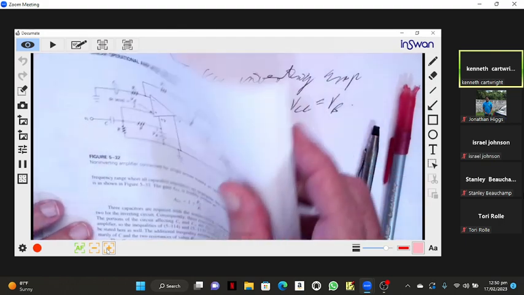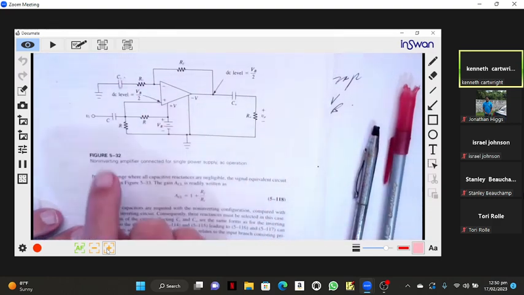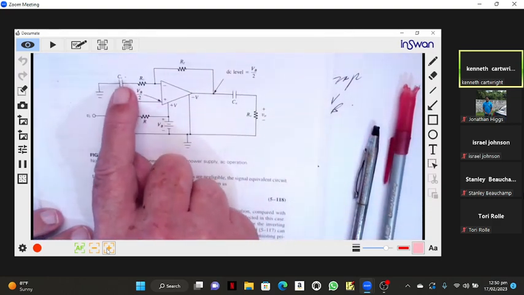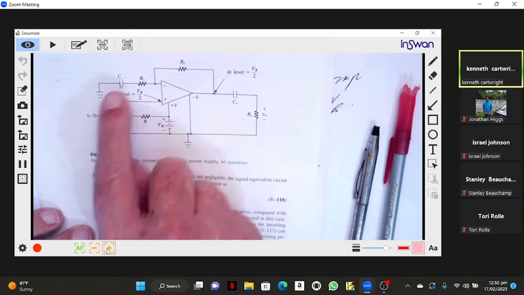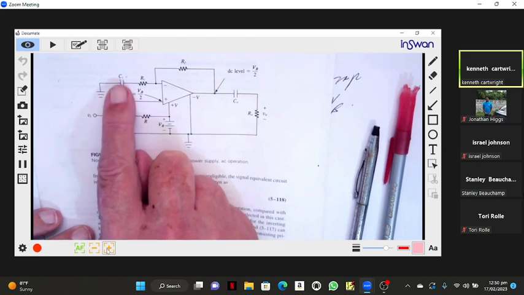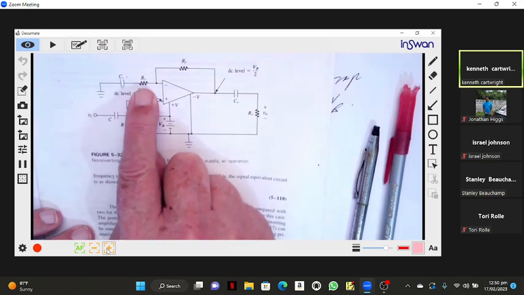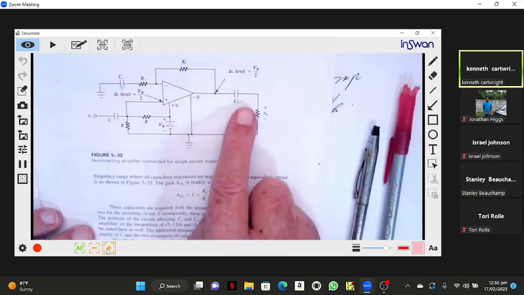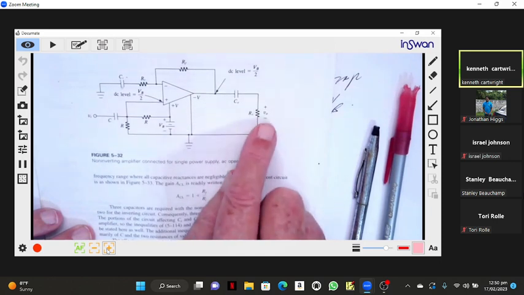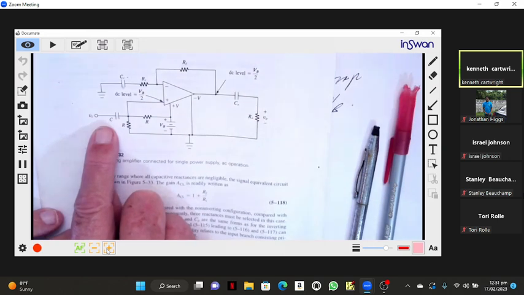I think they call this CI now. This CI has to be small compared to what? The reactance of this CI is small compared to the value of the input resistor, this RI. This CO has to be small compared to what? RO.